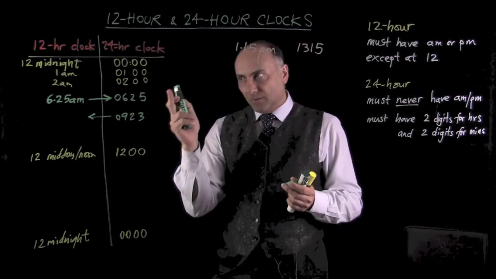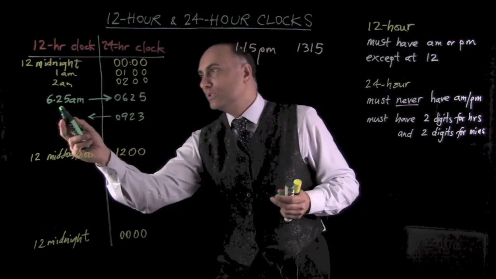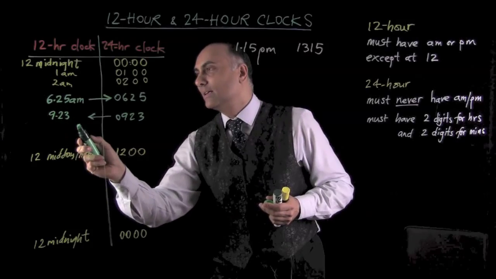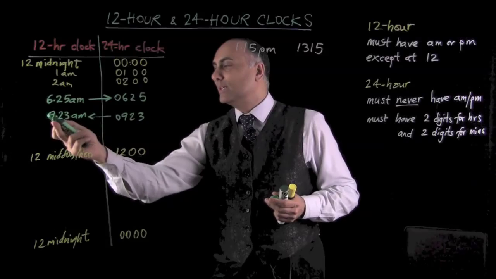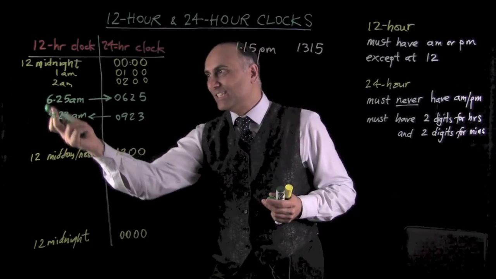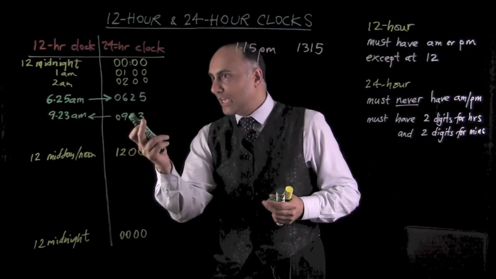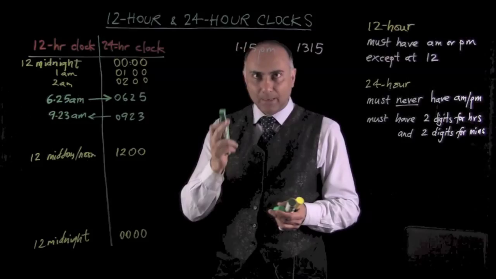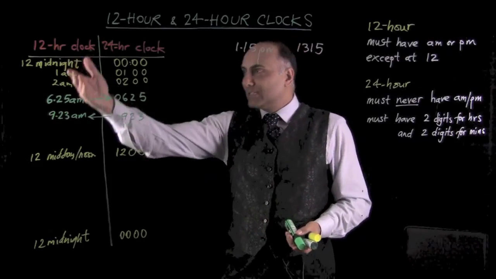Well, seeing as it is a single-digit hour, 09, I would just write it as 9:23, not 09:23 a.m. So in other words, in the 12-hour format, if it is a single-digit hour, you just write a single digit. And the minutes don't change, but because it's morning, I absolutely must put AM. Okay, let's carry on then.